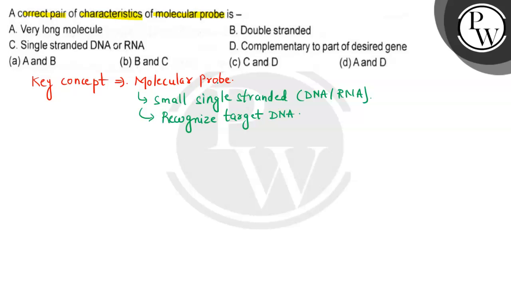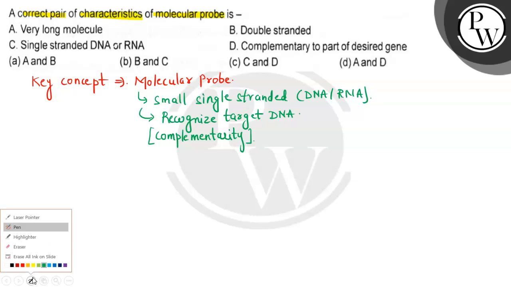Because this molecular probe, they have complementarity. Fine, so we can say they have the complementarity sequence to that of target DNA. तो उनके पास complementary sequence होती है जिसकी वजह से they could go and bind to this target DNA and help us to detect the specific molecular sequence in the DNA.